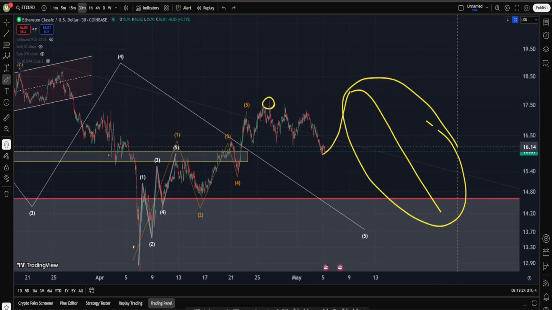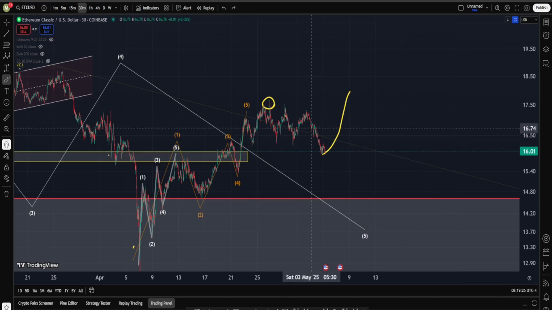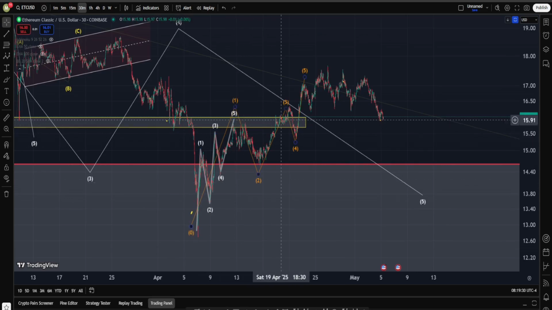But why is that? Well, we can consider different possibilities in here in ETC. One scenario suggests this is a 1, 2, 3, 4, 5 wave up to about this point, and what happens after a 5 wave starting from the lowest low? You know the deal. Even if we are looking optimistic and bullish, we are going to have a move on the downside, and maybe this is actually it.